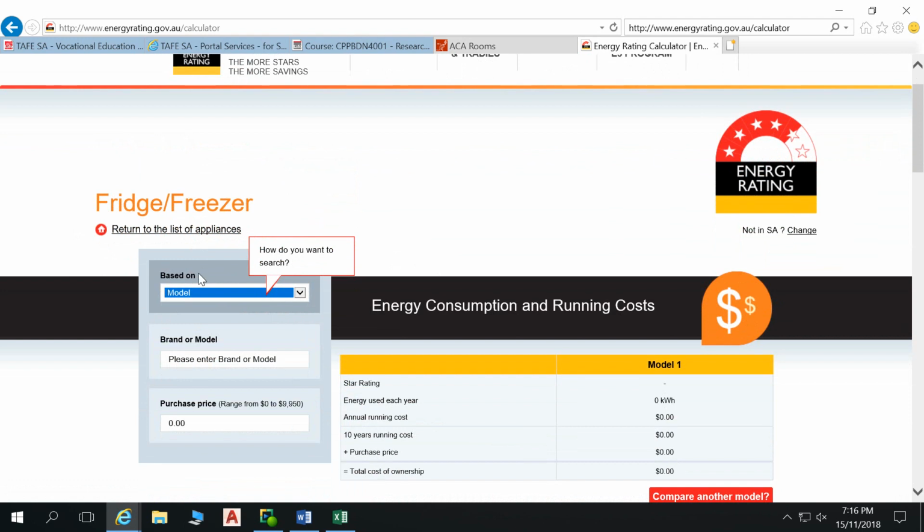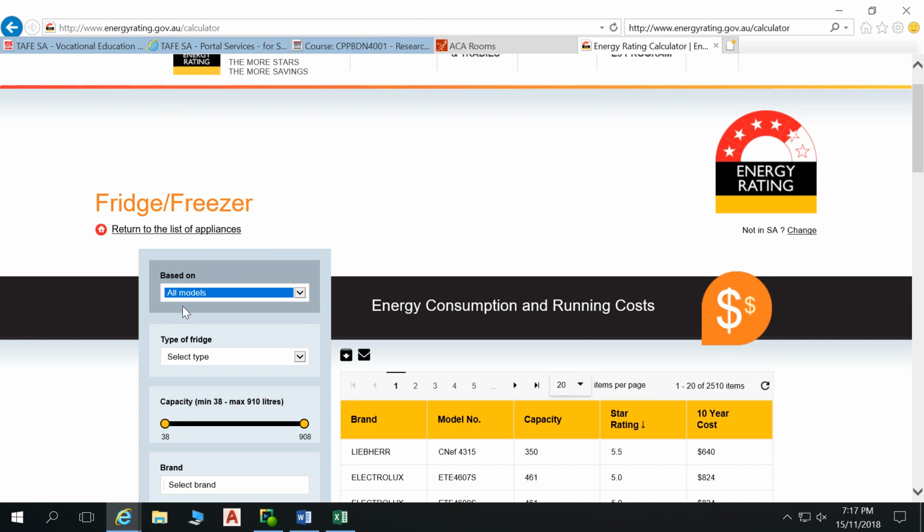Now, do our search based on, and how do you want to search? Any suggestions there? Do we search by model, by all models, energy star rating, energy consumption? Well, the way to go, I think, is all models, because that enables us to compare.